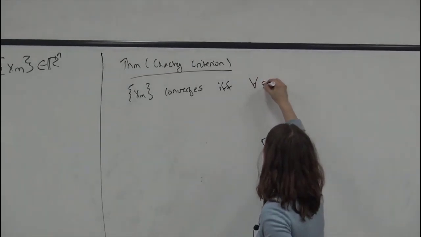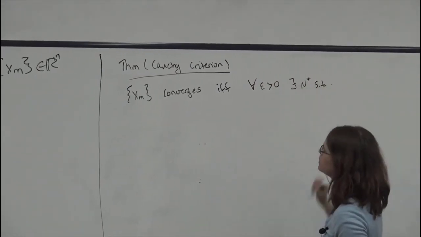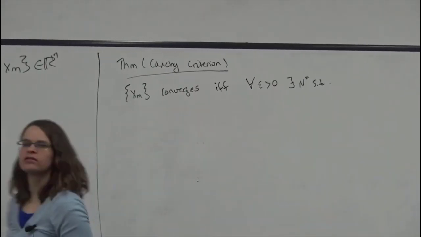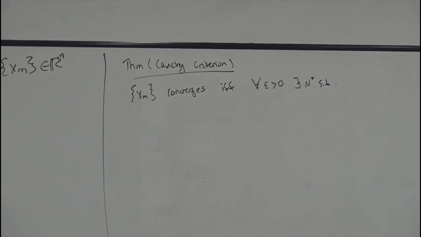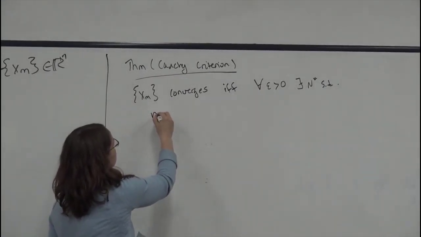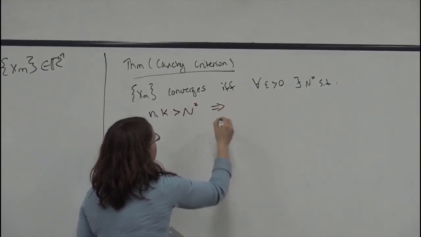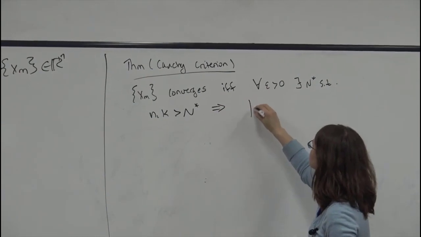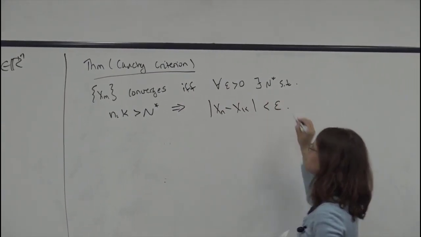If for all epsilon greater than 0, there exists some n star, such that, instead of comparing to a limit, we're going to compare any two values in the sequence that are beyond n star. So such that if n and k are beyond n star, then the distance between these two values is less than epsilon.